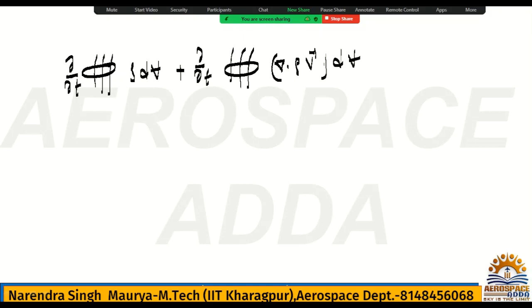Remember this v vector is the velocity. Now this equation is written in triple integration format. Yes or no?